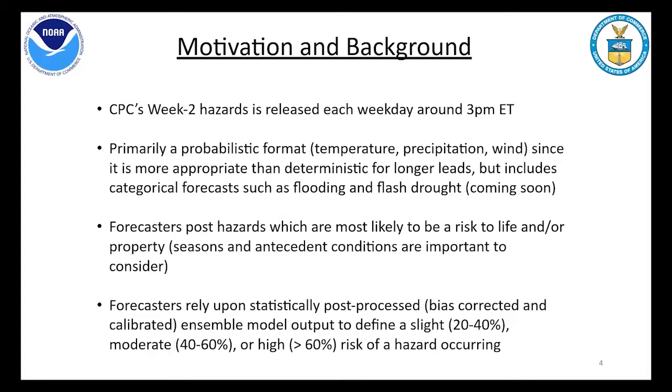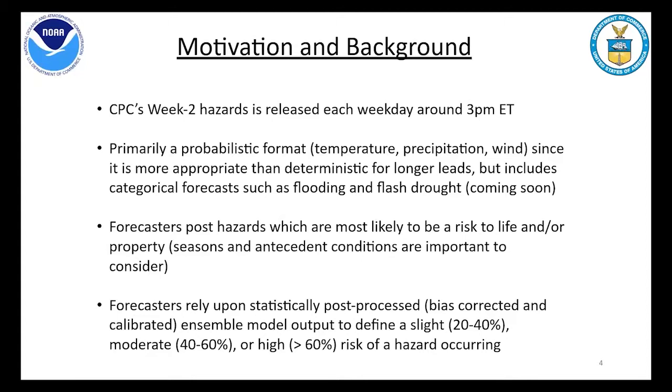Since the probabilistic format is obviously more appropriate than deterministic for longer leads. There are a couple of categorical forecasts, such as flooding and flash drought hazard that's in the works right now, and hopefully that'll be coming out by the next warm season.